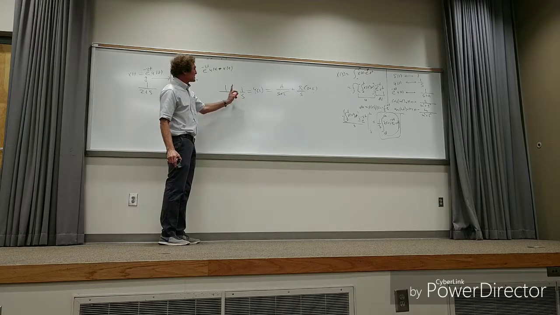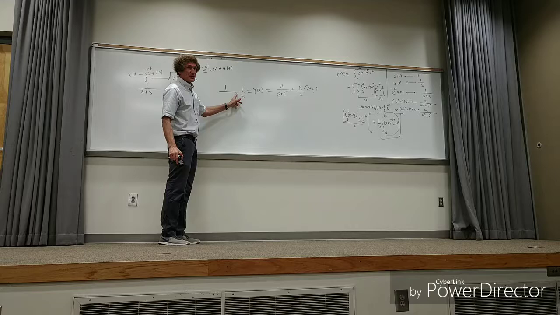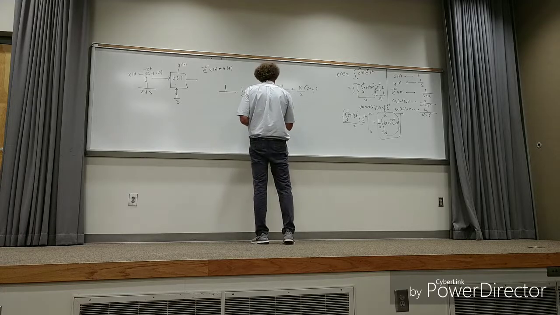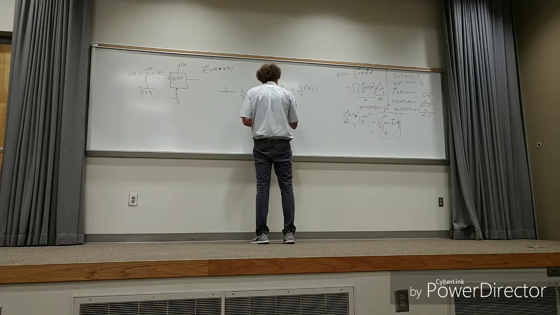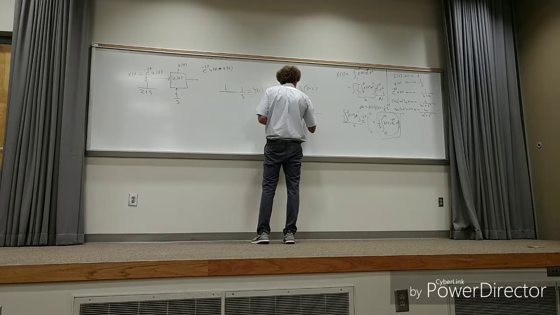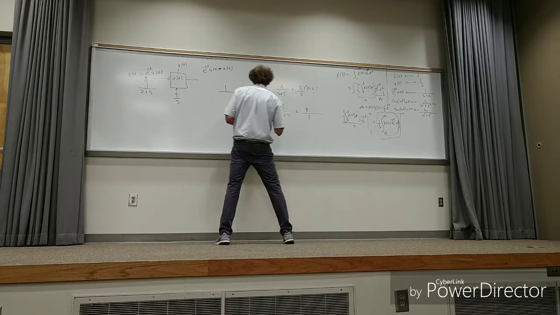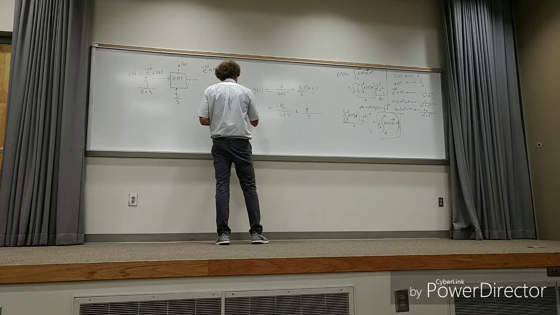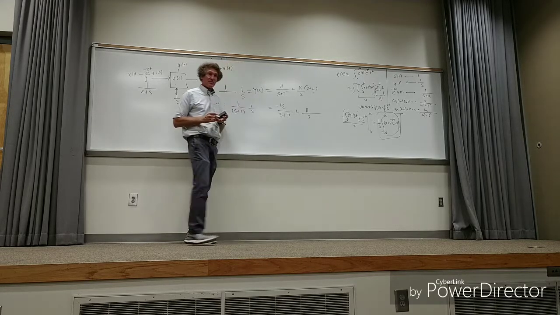At s equals minus 2, 1 over minus 2 is minus a half, right? That means a is minus a half. So I'll put it down. I got minus 1/2 over s plus 2, plus something, call it b over s, is equal to 1 over s plus 2 times 1 over s, correct?